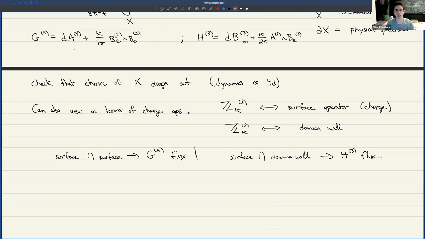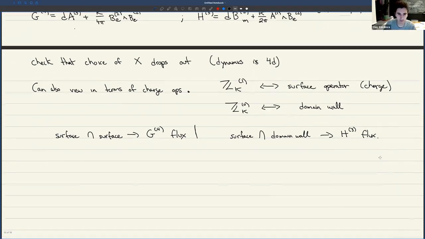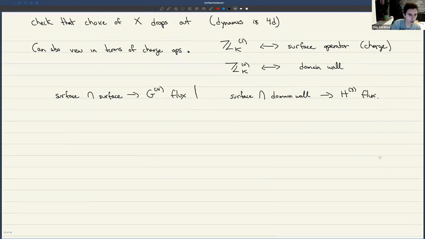So that's a way of interpreting this higher group symmetry, perhaps more physically, as a kind of operator product expansion rule for the symmetry defects themselves. Okay, so that was all I wanted to say for right now for axion Maxwell theory.